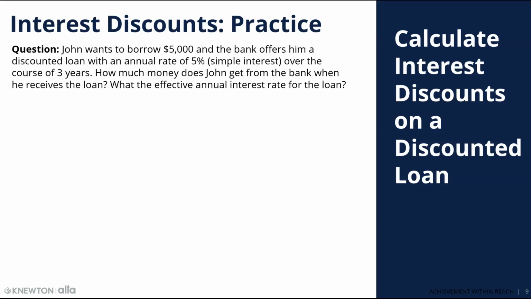And what is the effective annual interest rate for the loan? Now, since this is a discounted loan, John will not receive the full amount at the beginning. Rather, the bank would subtract the interest from $5,000 and will just give John the amount net of interest.